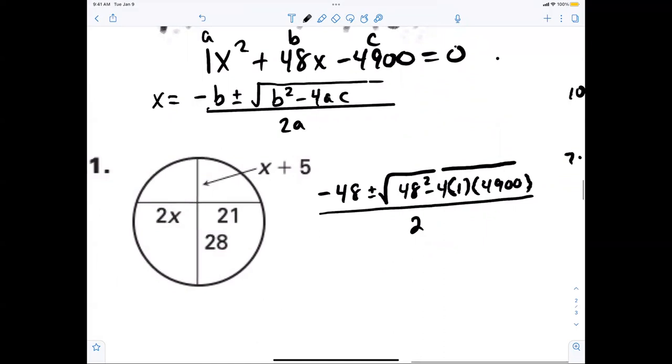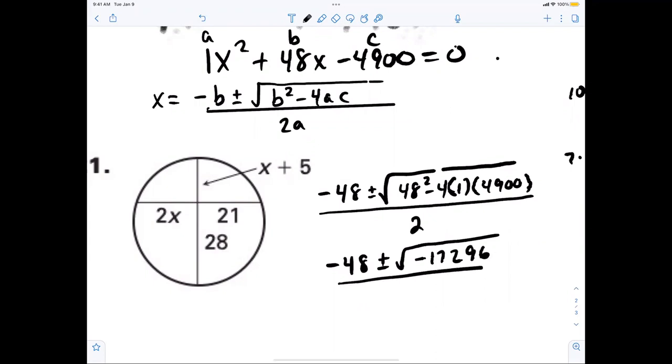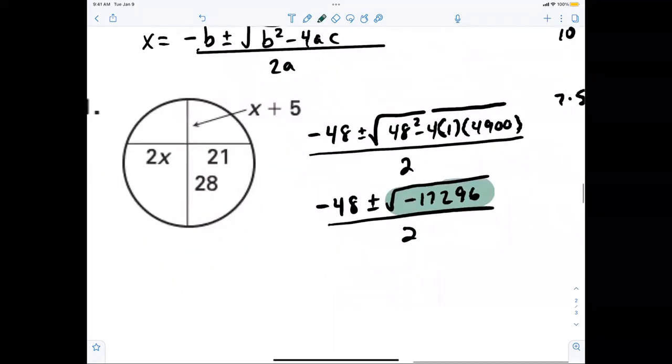So let's just write this down. Negative 48 plus or minus. What did you get for an answer? I got that too. Negative what? 17,296.